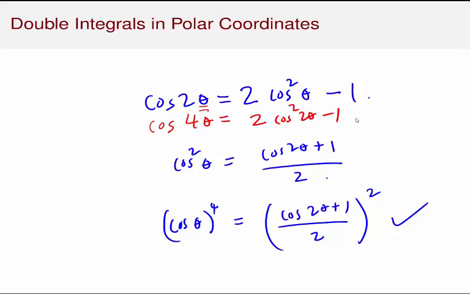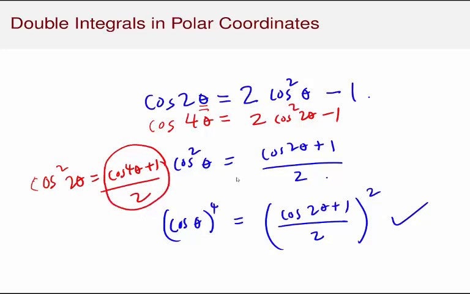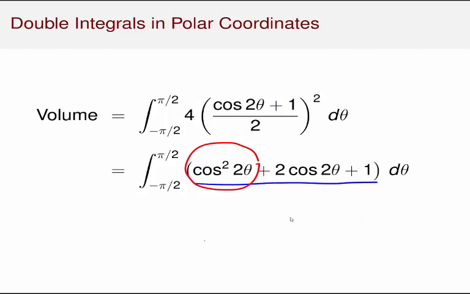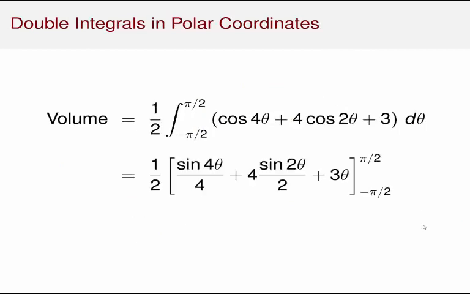And after rearranging, we can write cosine square 2 theta as cosine 4 theta plus 1 over 2. And this is the term that we're going to substitute back into our equation. And doing so, we're going to get the following resulting integral. And after some calculations, we'll arrive at the final answer, which is equal to 3 pi over 2.